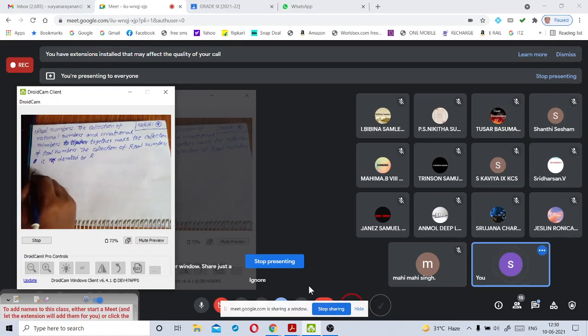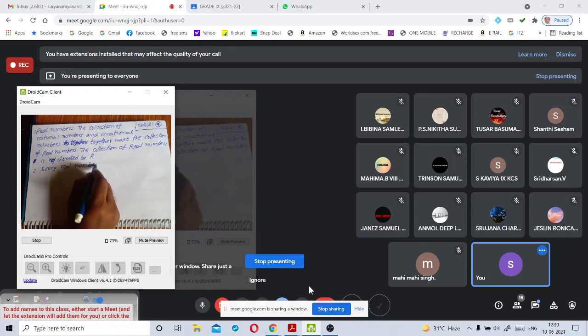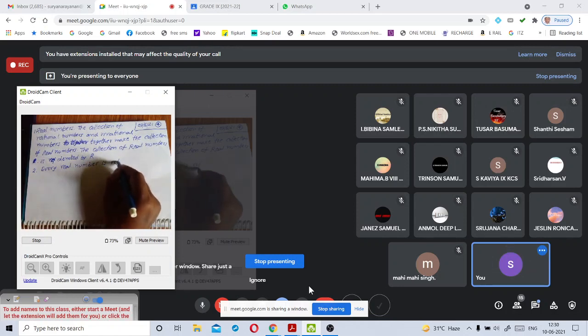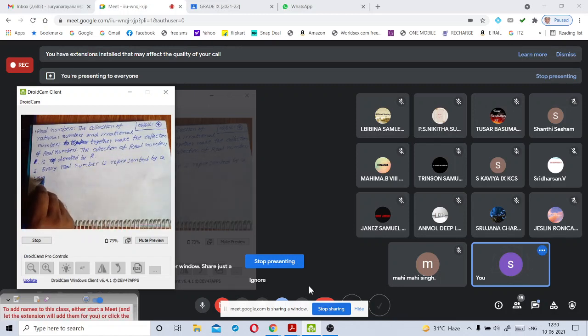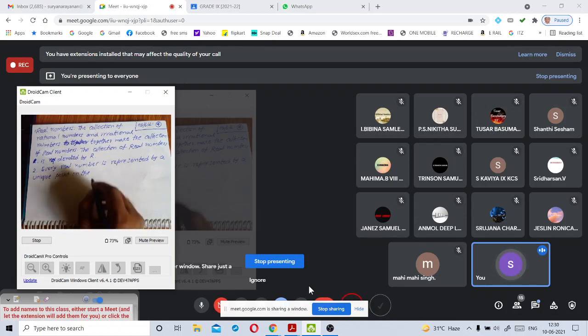And the second one, every real number is represented by a unique point on the number line.